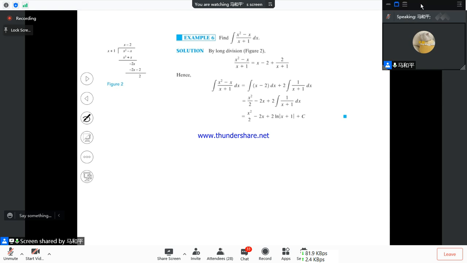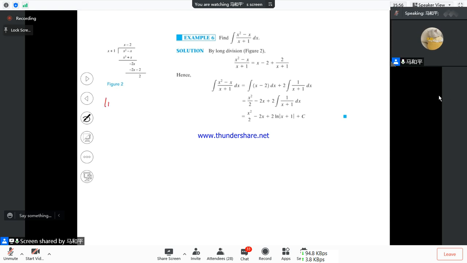Remember the definition of this function: log x is equal to the integral from 1 to x of 1 over t dt, right?